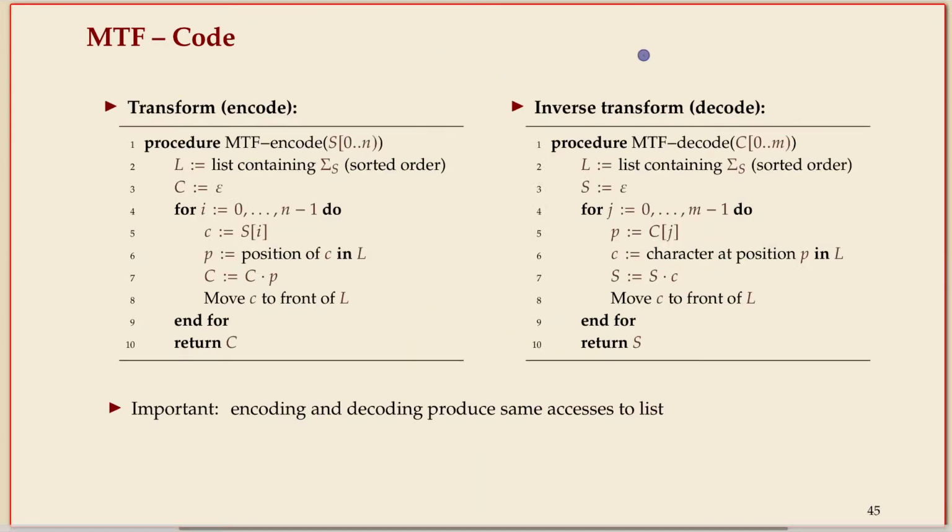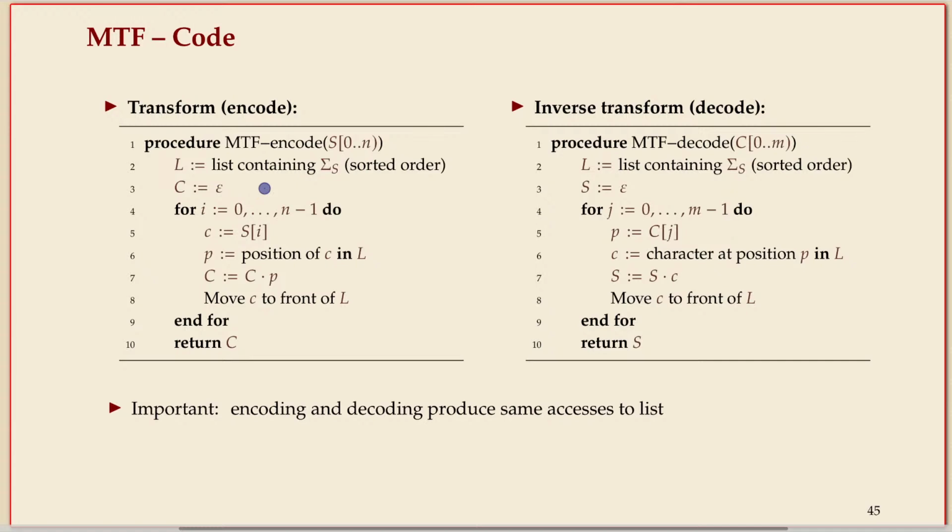This time I'll start with the code here because I wanted to show how very similar encoding and decoding are in this case. We always start with the move to front list initialized with some order, and without any other options, just put the alphabet in sorted order. Then we start the encoding. The code word starts empty.